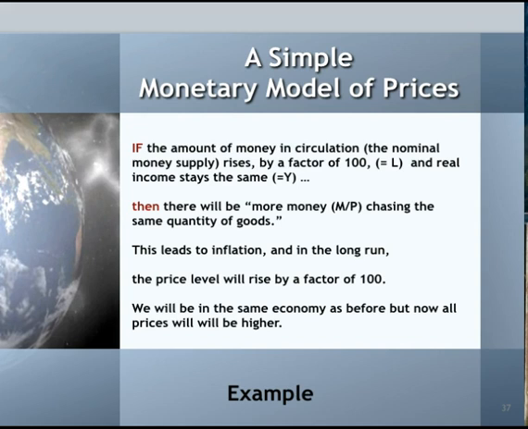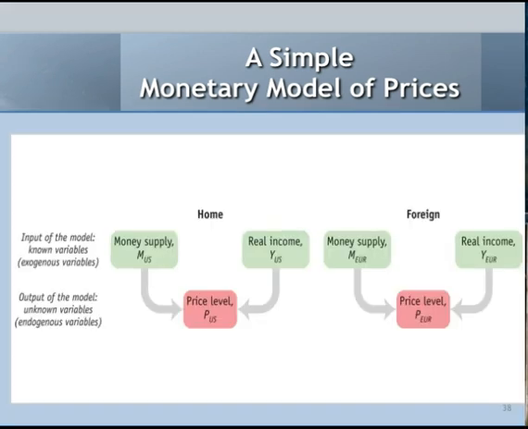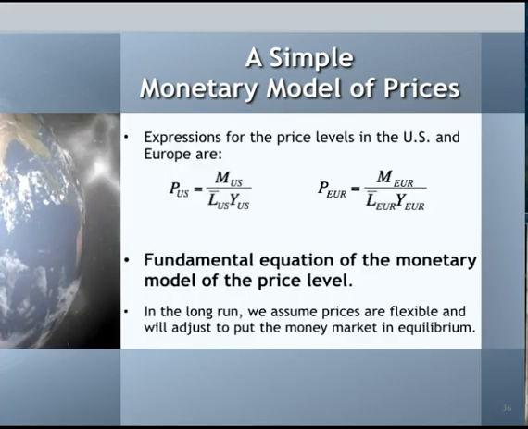And inflation in the long run means that the price level is going to rise, in this case, by a factor of 100. So now what we know is that if we know what the money supply is in a nation and we know what the real income of the nation is, then we can predict its price level. And how do we do that? We do that according to this equation.